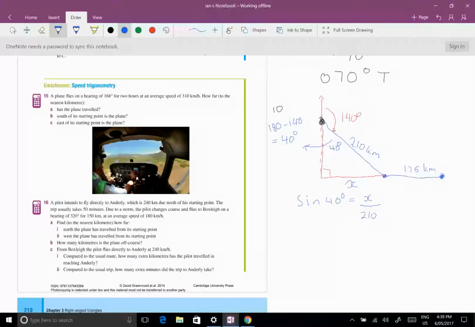Sine 40 is a number, remember, so I just go 210 times sine 40, which equals x. And I go to my calculator and I go 210 times sine 40, and that gives me 134.985 kilometres, approximately, because I've rounded.